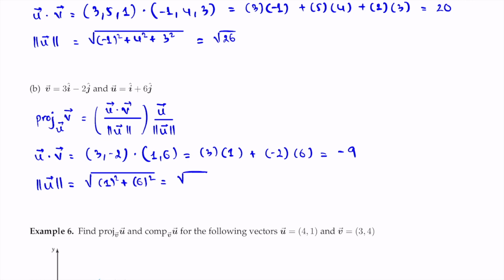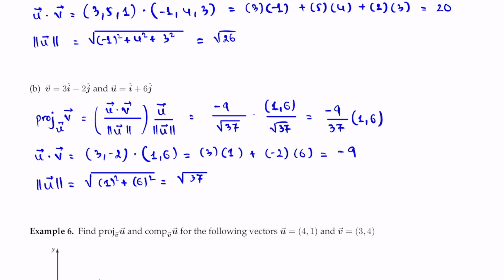This is equal to the square root of 37. So you substitute this information into our formula. You get u dot v is negative 9 divided by root 37 times, this is regular multiplication, 1, 6 divided by root 37, or you have negative 9 over 37 times 1, 6.